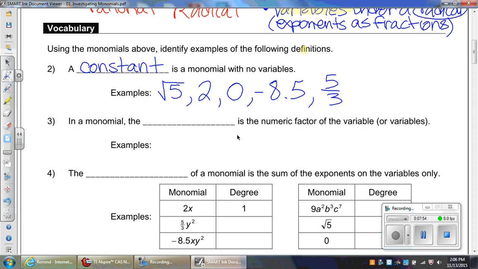In a monomial, the blank is the numeric factor of the variable. So that will be the coefficient. Examples of that: we have a term that says 2x, so I'm going to say 2 in 2x.